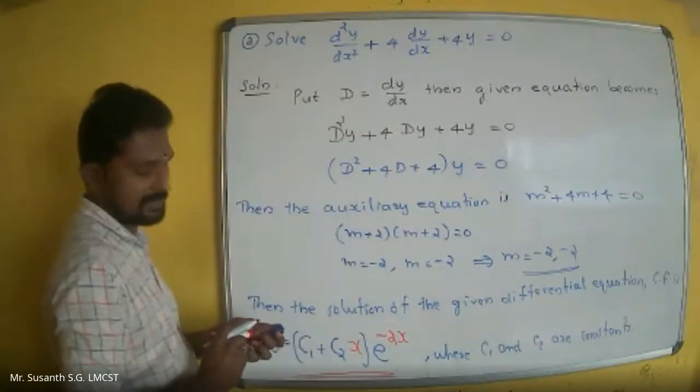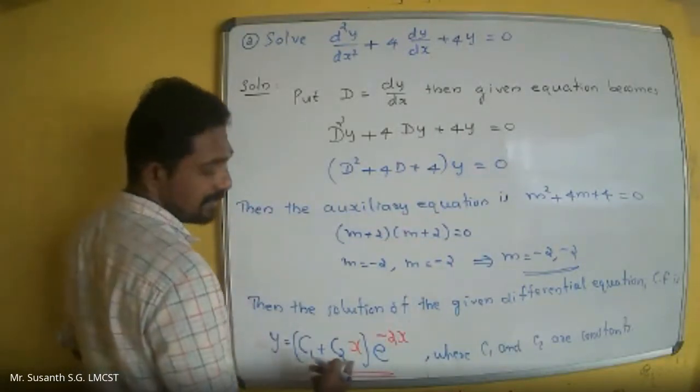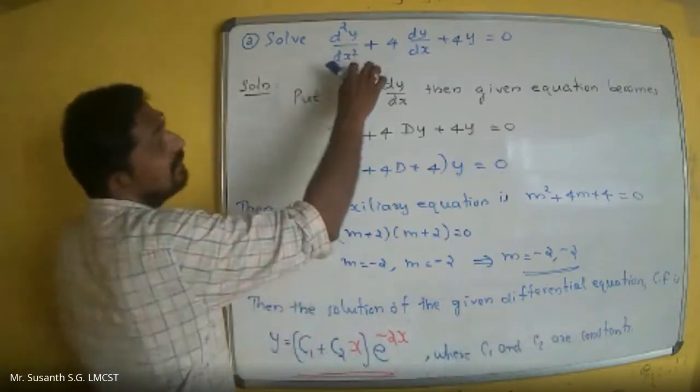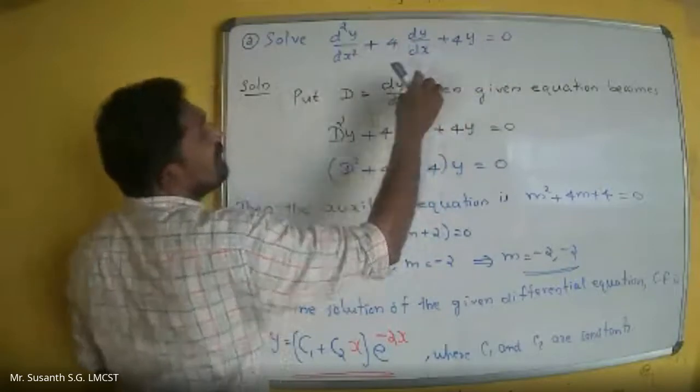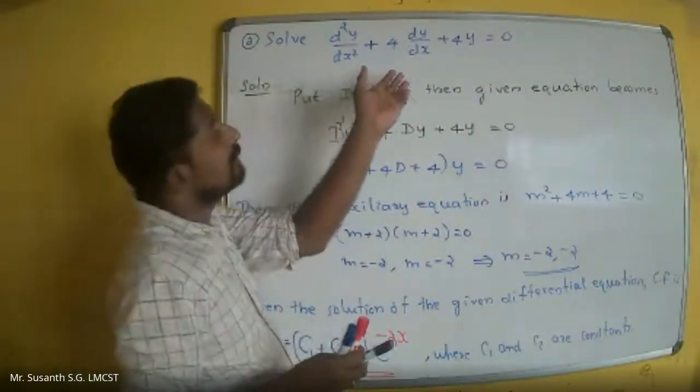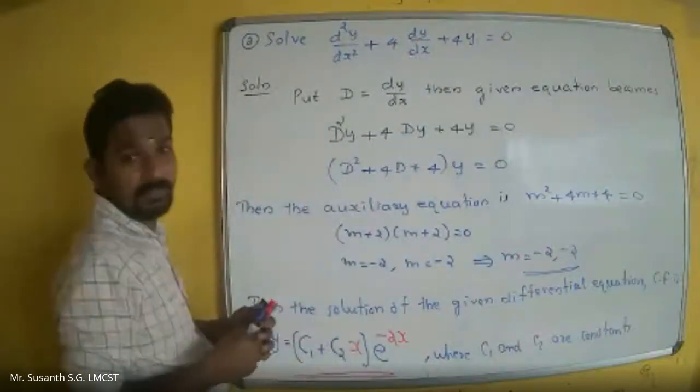This is the final answer, the solution of d square y by dx square plus 4 dy by dx plus 4y is equal to 0.